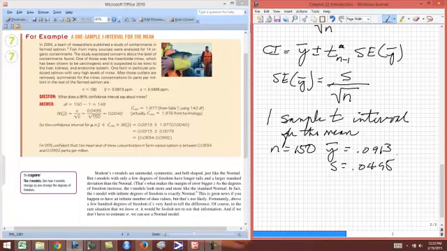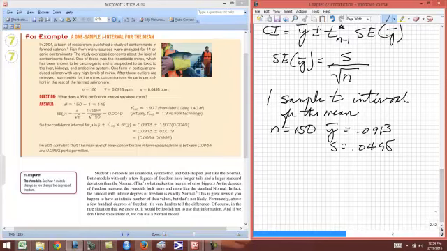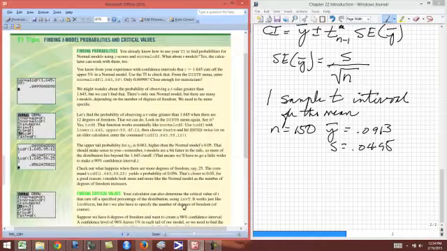We are 95% confident that the mean level of mirex, the poison they're looking for, is between 0.0834 and 0.0992. A lot of things are the same; a few things are different. As n increases, the t-distribution approaches normal. Let's go on to the next page.